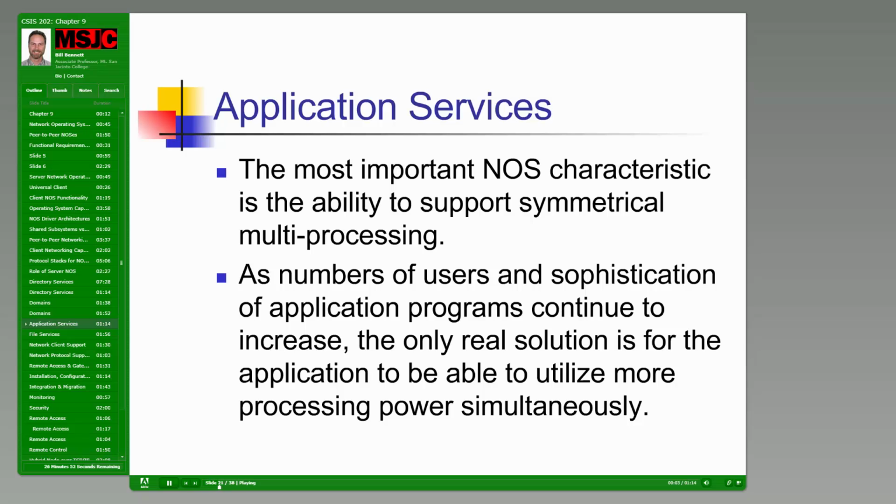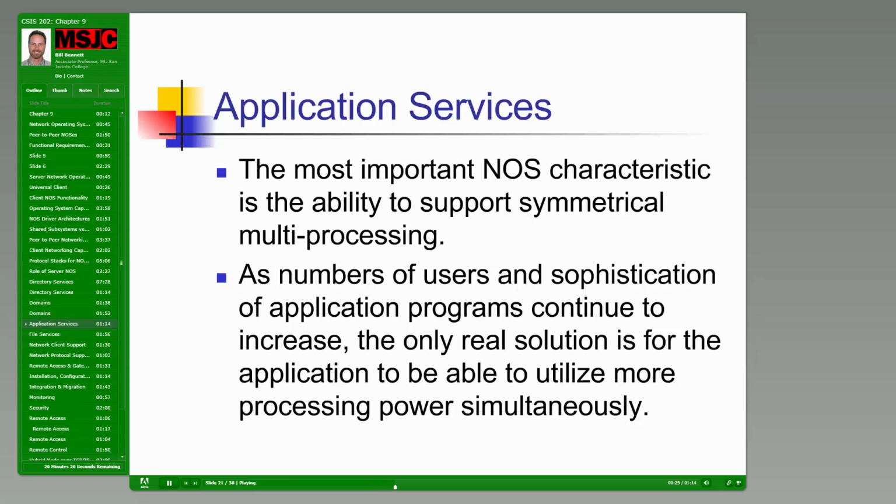So we've talked a little bit about application services before. These are a few considerations with regard to application services, especially as the network grows. As it gets bigger and bigger and you've got more and more users placing demands on your servers, it's really important that your servers are able to handle those demands. And so the CPU and the number of CPUs is really important in that area, because remember, a CPU can only process one thread at a time.